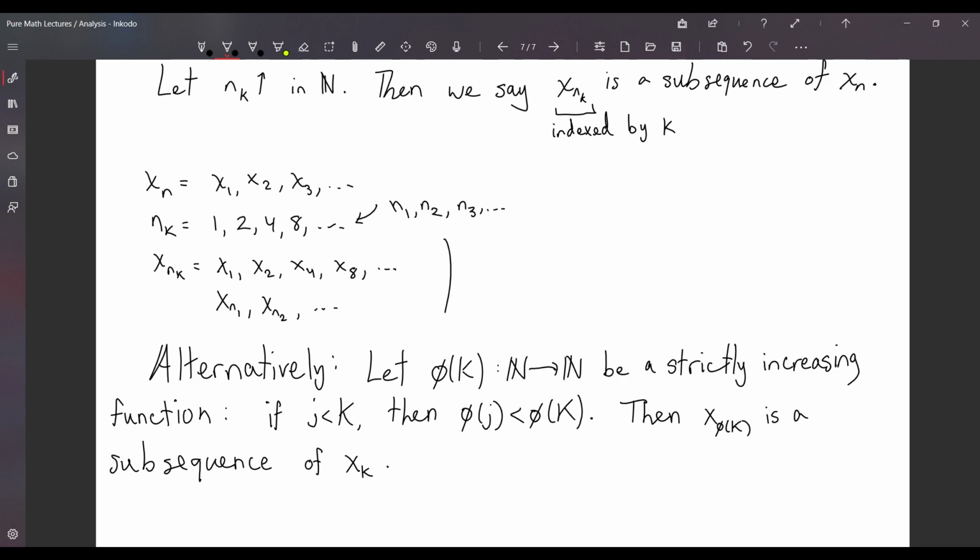So to relate these examples, you could say phi of k is like 2 to the k minus 1. And those would give you the same examples.